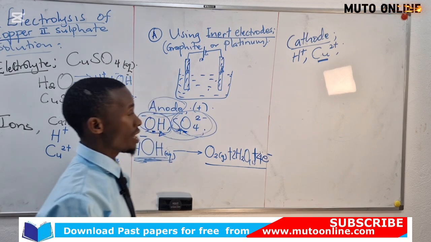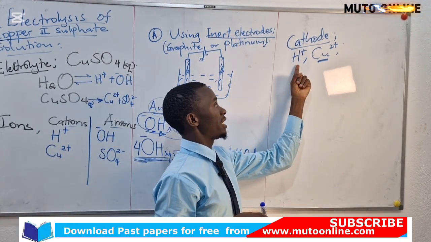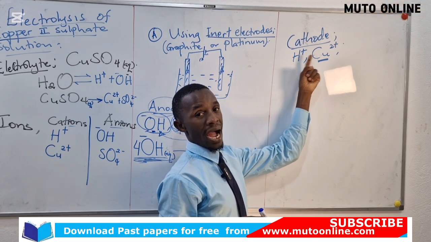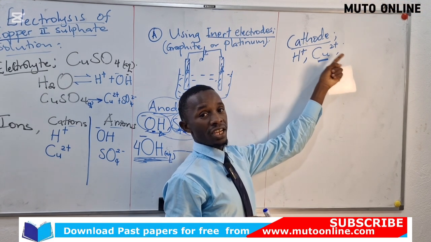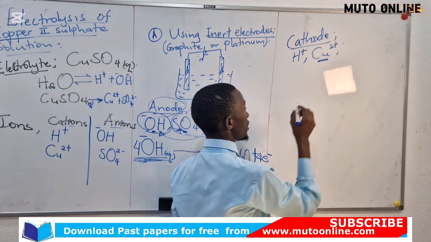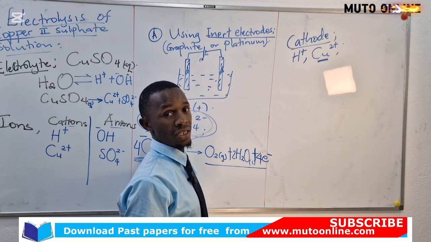Copper being less reactive compared to hydrogen, it will be discharged easily in preference to hydrogen by gaining electrons, which is reduction, forming brown solids of copper around the what?